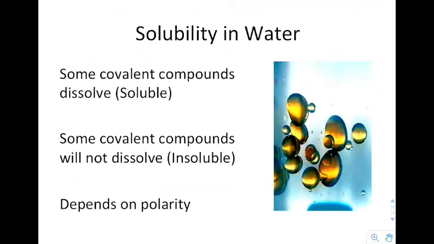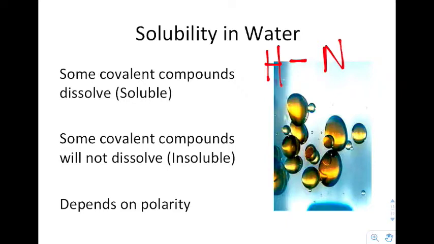When you talk about solubility in water, it actually varies quite a bit. Some covalent compounds will dissolve in water, and they're called soluble. Those tend to be things where different elements are covalently bonded, like hydrogen bonded to nitrogen. Because these elements are slightly different, one of them pulls the electrons more than the other.